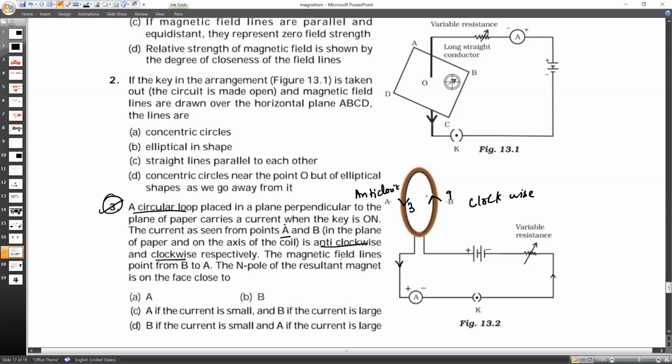The magnetic field lines from B to A. The north pole of the resultant magnet is on the face close to... So you can imagine that the side which is facing the anti-clockwise direction is going to have the north pole. No need to look at this figure, it is just creating confusion because it is not in 3D.